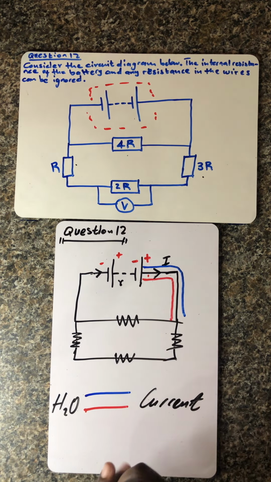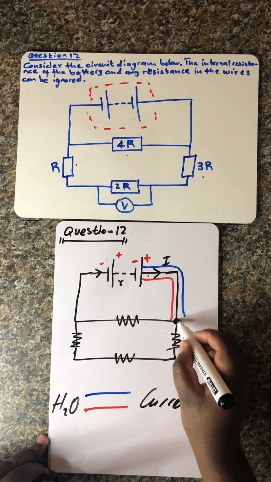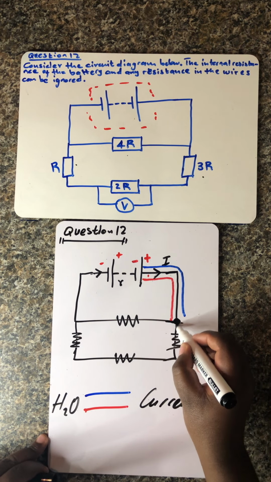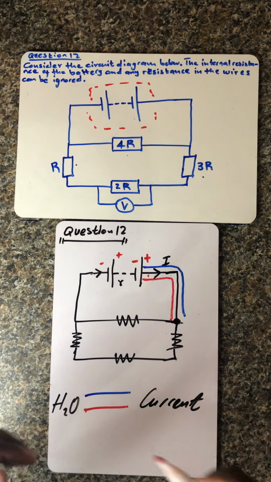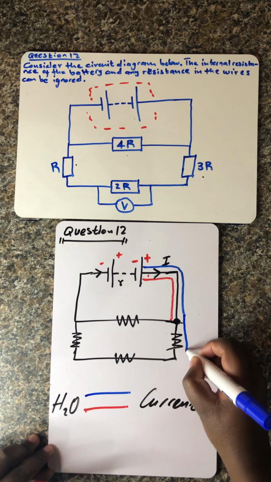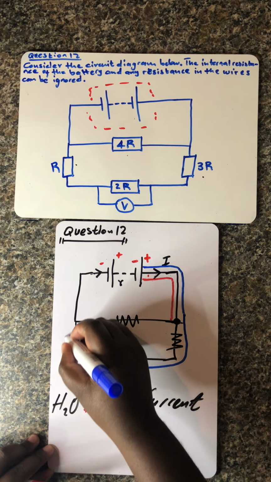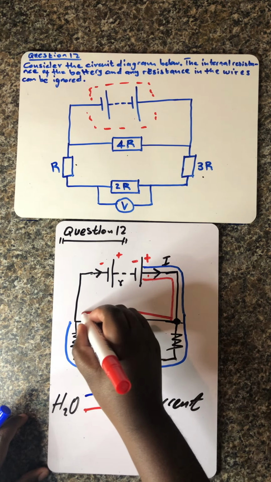Guys, when this current gets to the point where you have a split of lines, it's very, very much important that you understand exactly what's happening. It splits. Part of the current will flow on this side, and part of the current will flow this side.